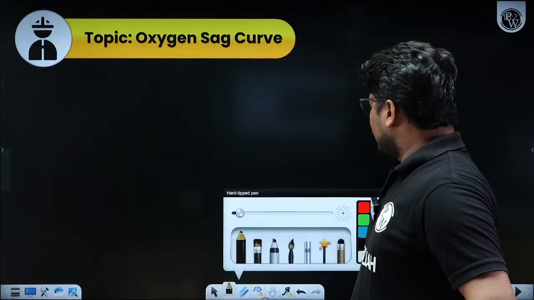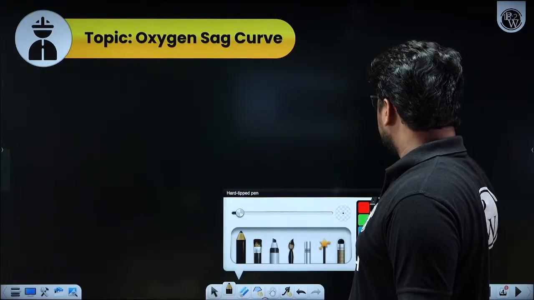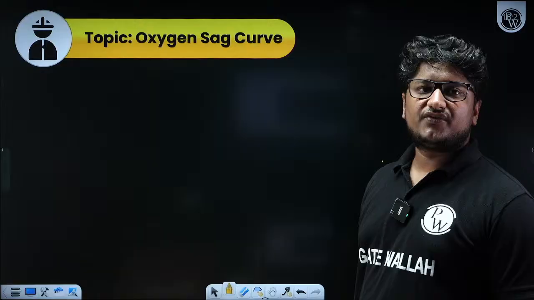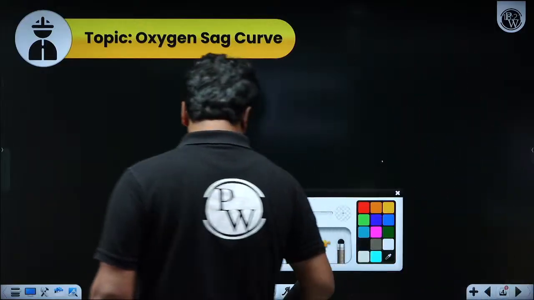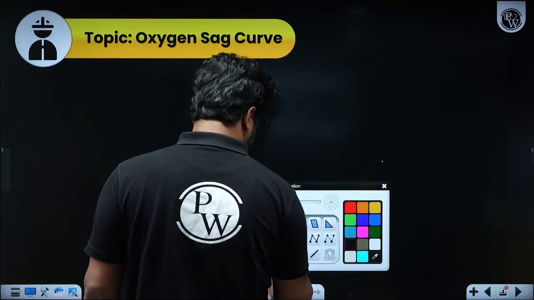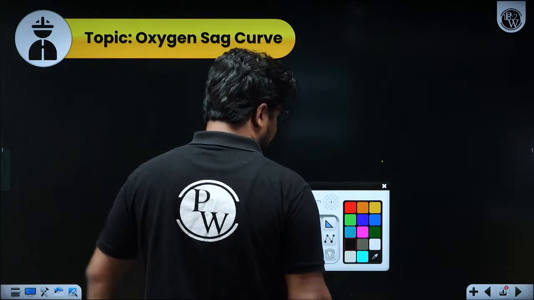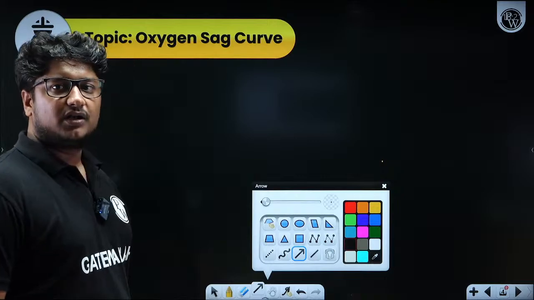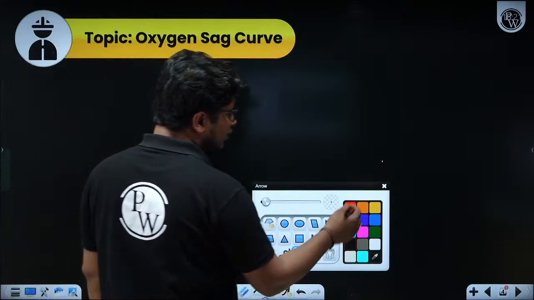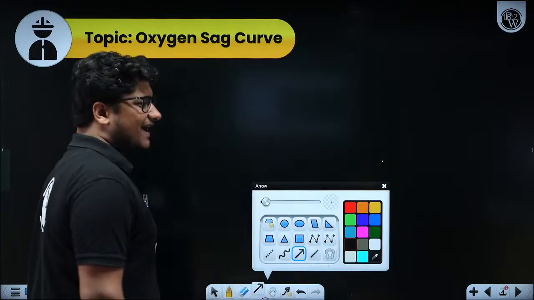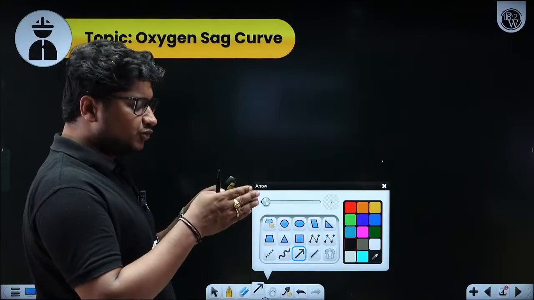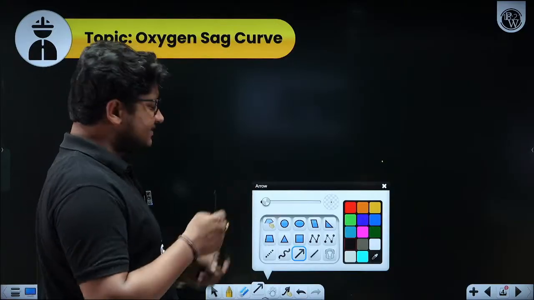Now, when you talk about self purification capacity, this oxygen sag curve is very important for you to understand. Let me draw this oxygen sag curve first. During self purification of river water, two processes happen simultaneously.